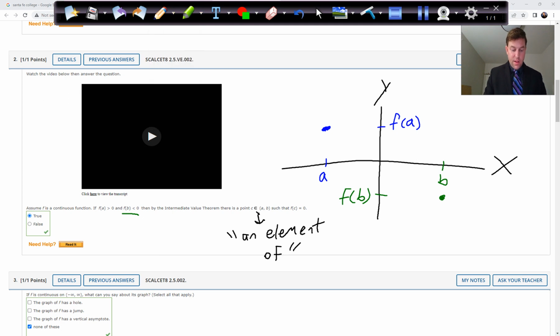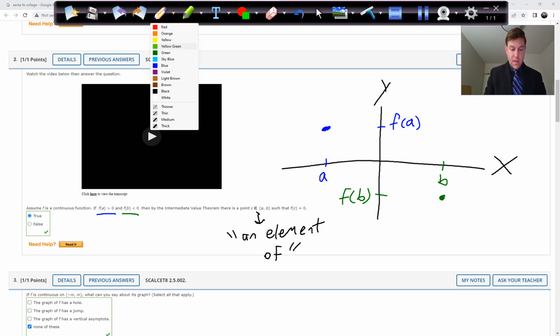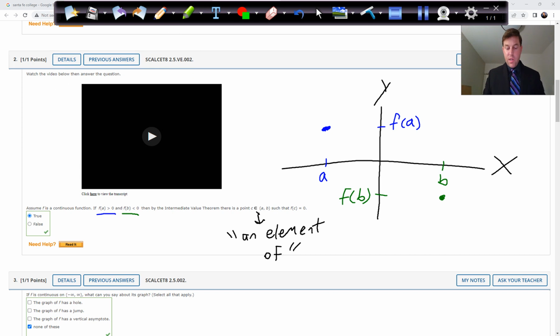All the intermediate value theorem states is that for a function that's continuous, I have to somehow get from a to b, and there is no way to get there without crossing through the x-axis. So that point right there is point c, and the y value for that is 0.